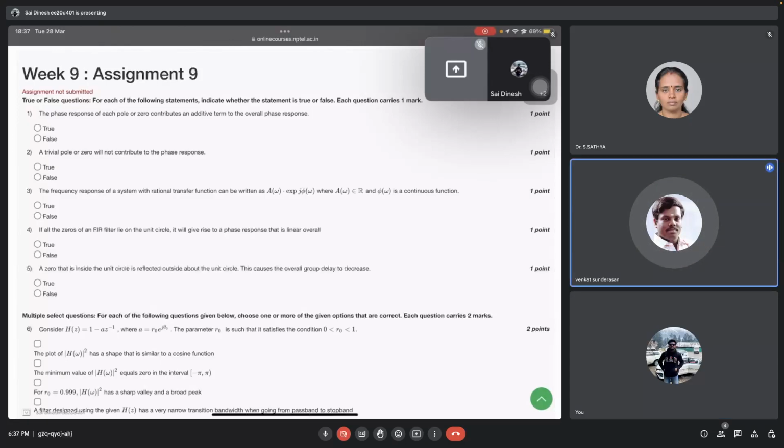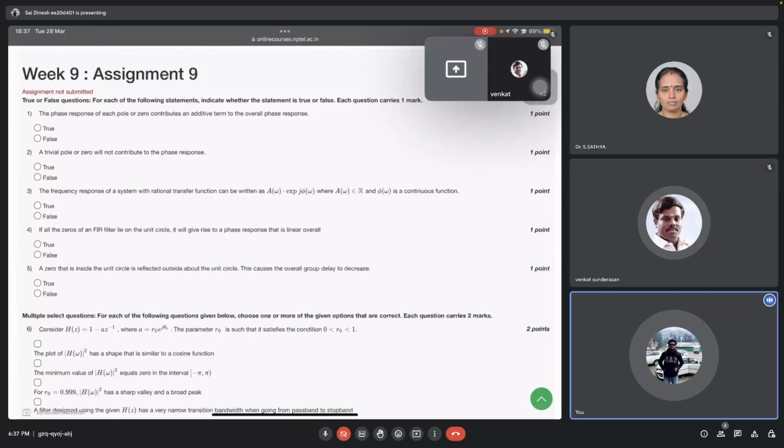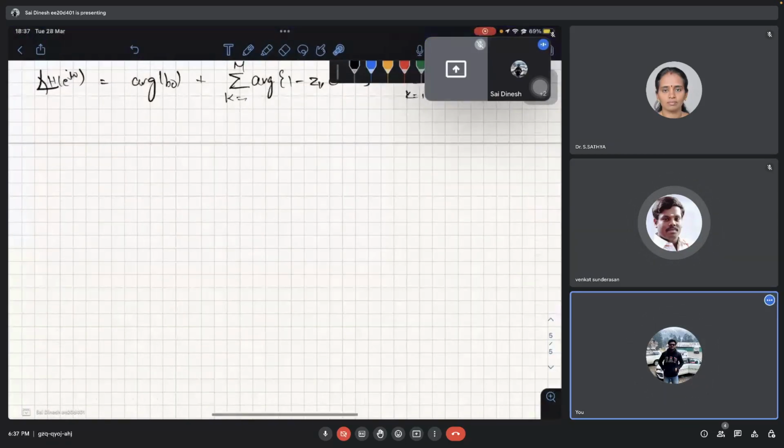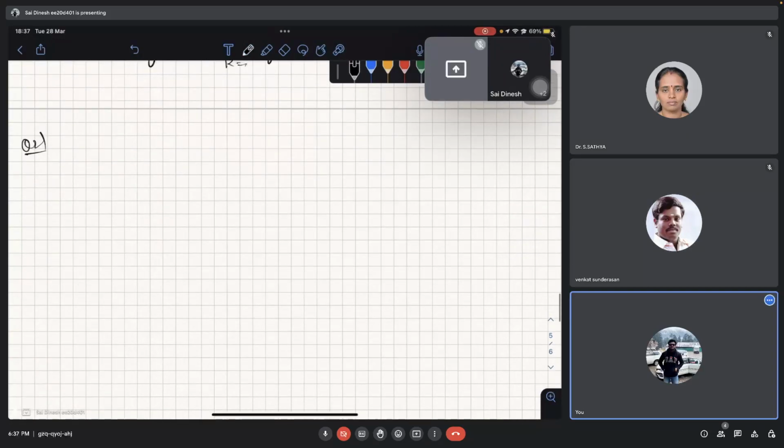What is a trivial pole? A pole or zero at the origin is known as a trivial pole.